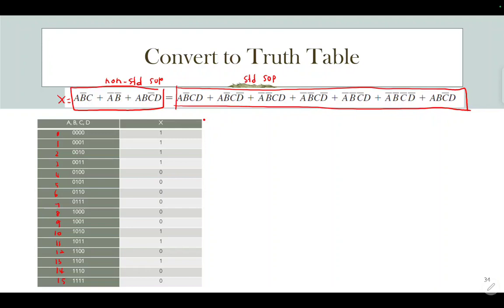Then you have to look at the output for standard SOP. For example, for SOP, remember, you read A equals 1, A bar equals 0. So the terms are 1011, 1010, 0011, 0010, 0001, 0000, 1101.